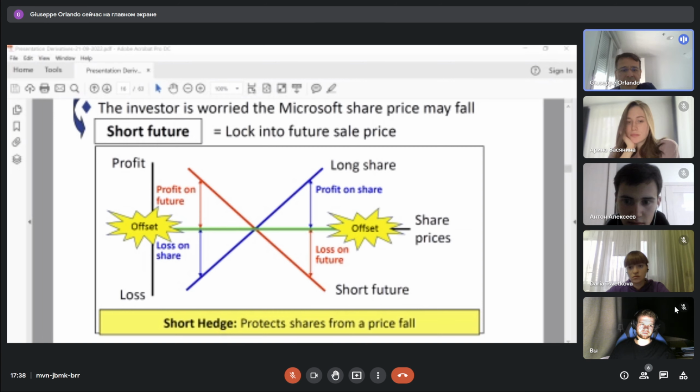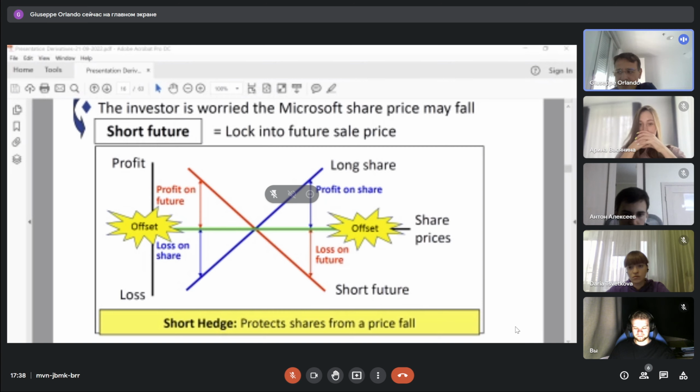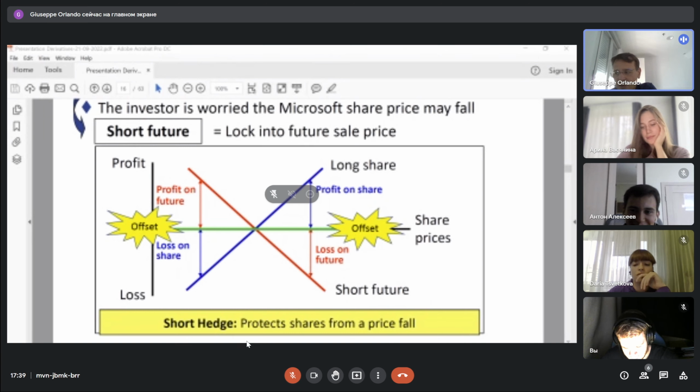You have no positions. You are neutral. You don't know if the market will go up or if the market will go down. You want to be invested, but you don't want to have the risk. And this is also common for funds that invest in some companies.